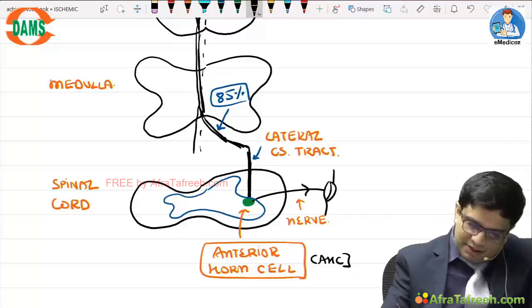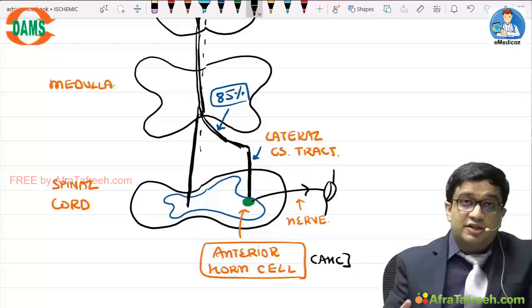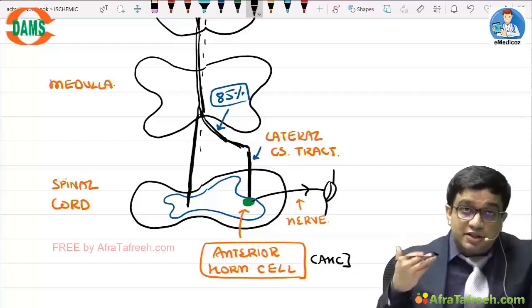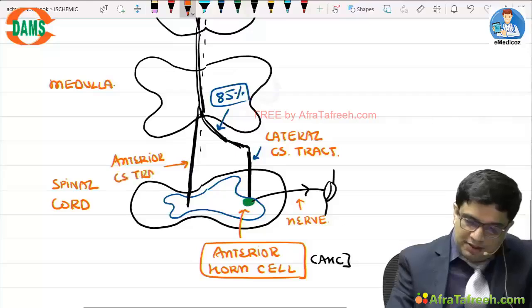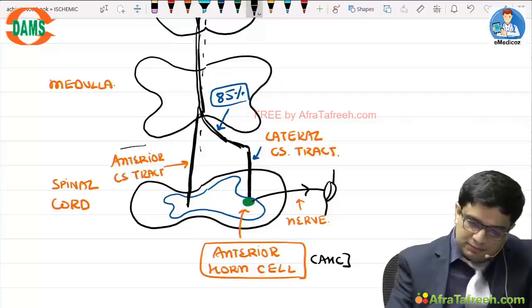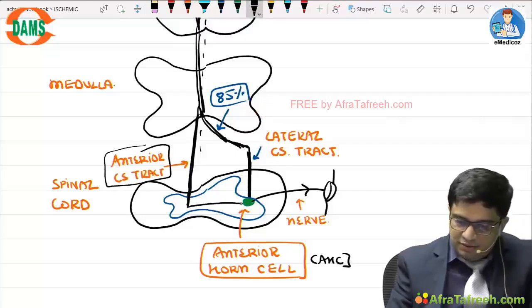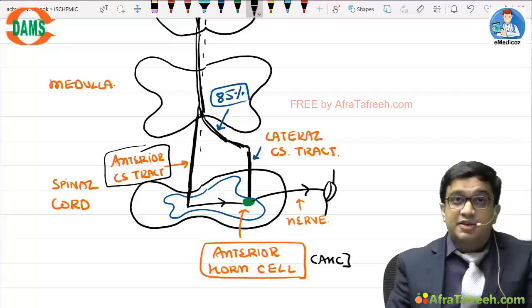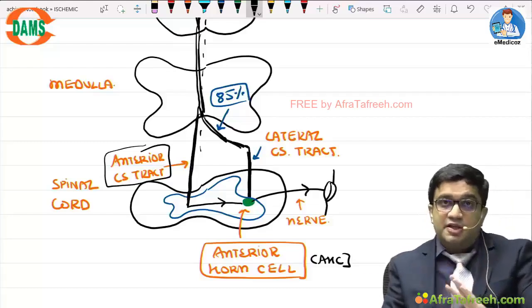This you'll again pick up in your anatomy classes, that these 15% are going to come down in the spinal cord not in the lateral but more often in the anterior part of it. So this is what is known as your anterior corticospinal tract, and this one is again going to come down and cross the midline at the same level, in the sense that where it stops, it crosses the midline and then supplies the opposite half.